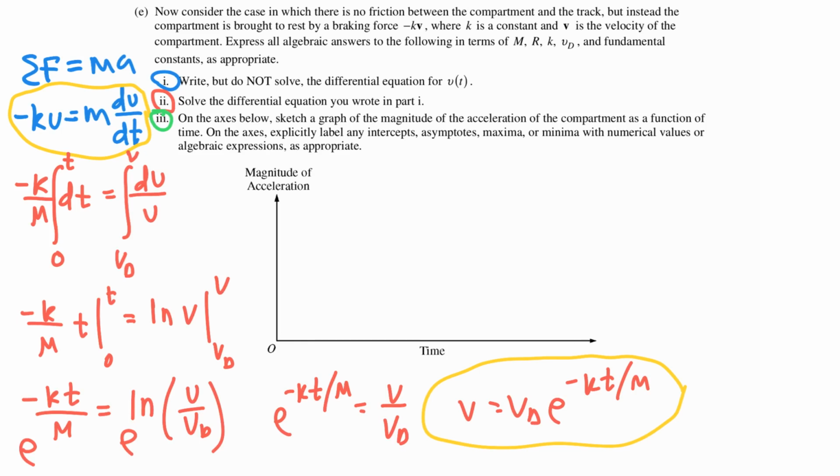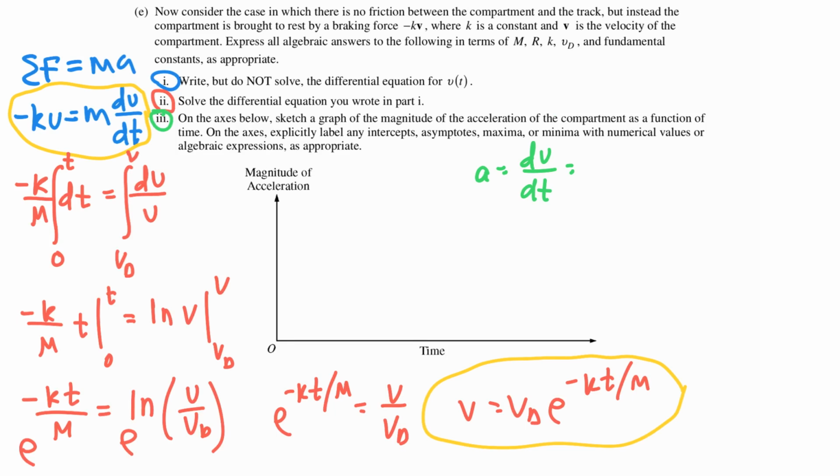And so since we need an expression for the magnitude of the acceleration, we need to take the derivative of the function that we just found in part 2. And so the acceleration is the time derivative of the velocity. And so since vD, k, and m are all constants, the only t that's in this expression is in the exponent.